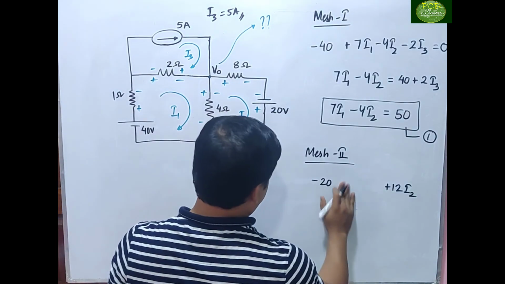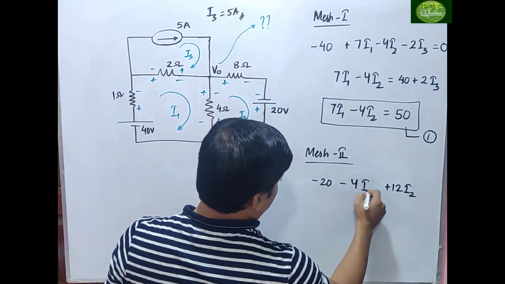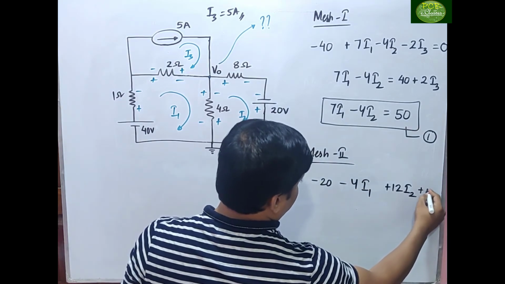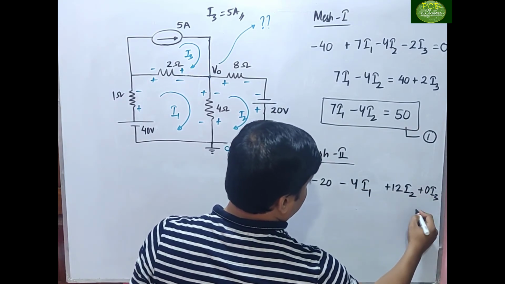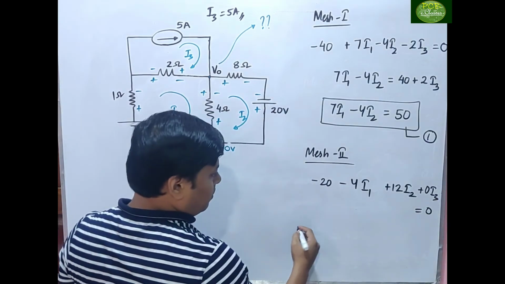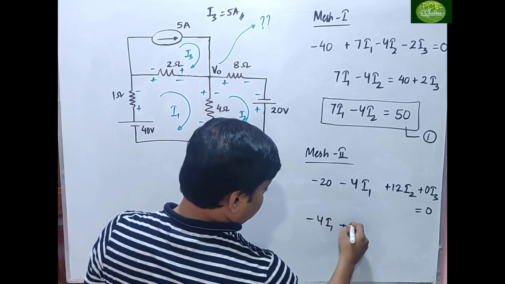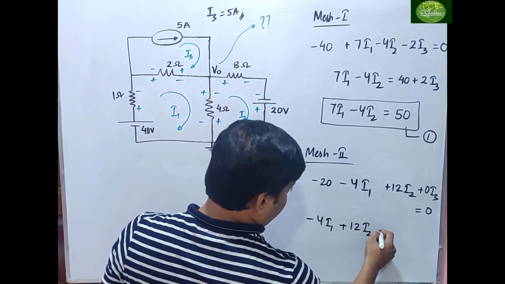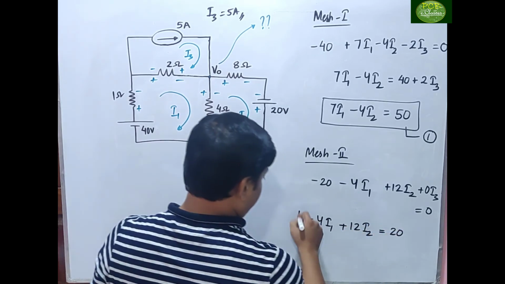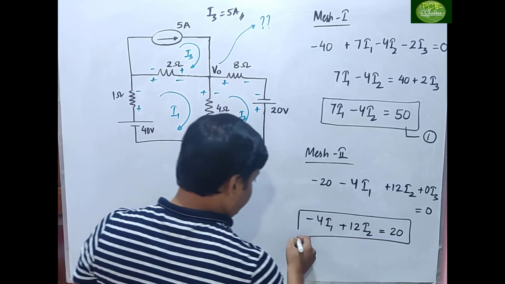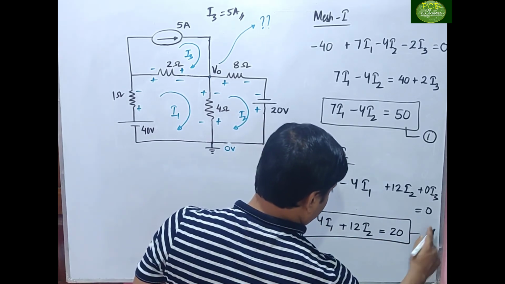So I will write minus 4 I1. Any other I3 there? 0 into I3 equals to 0. So in proper form, minus 4 I1 plus 12 I2 equals to 20. This is my second equation, equation number 2.